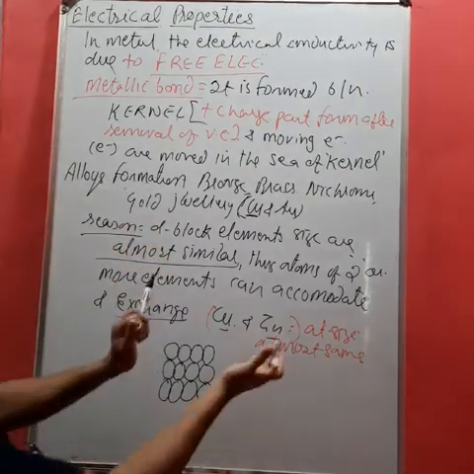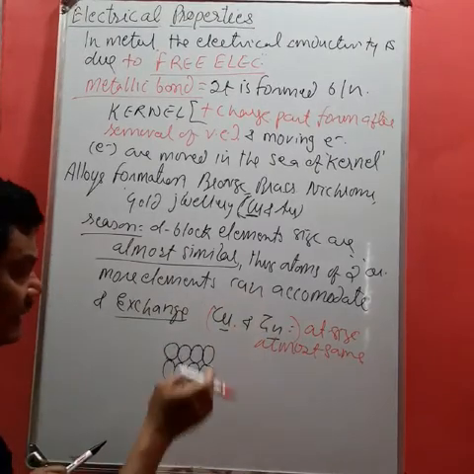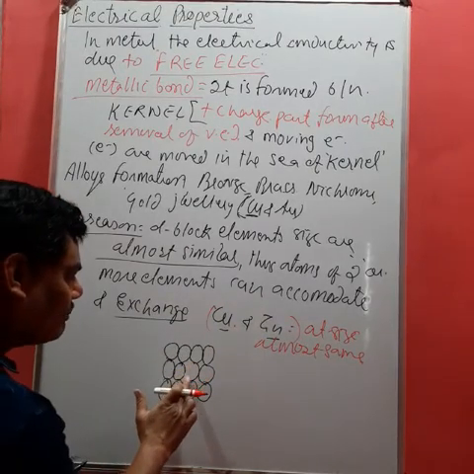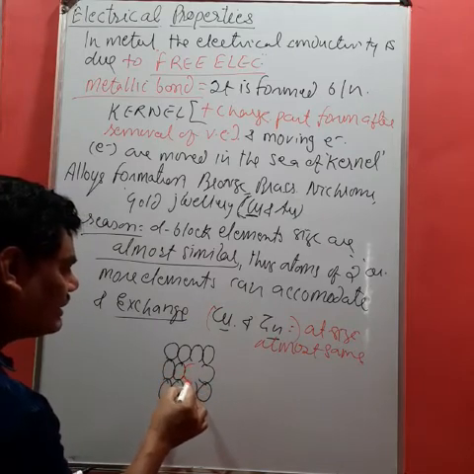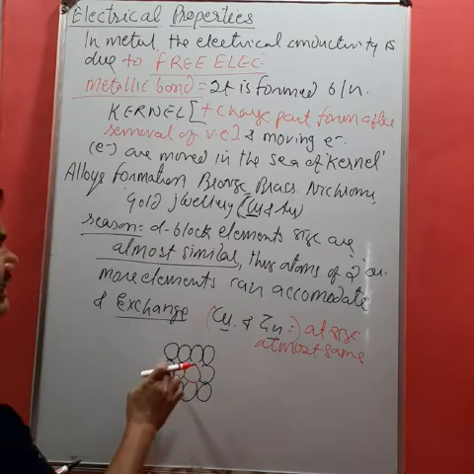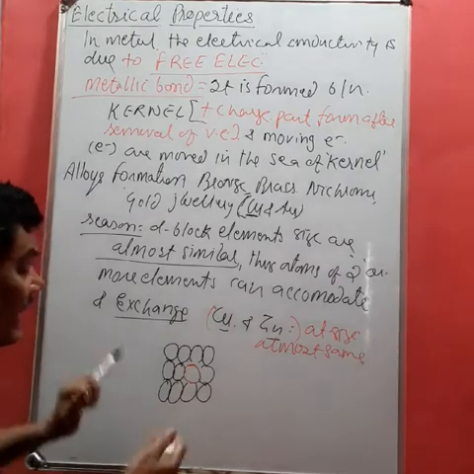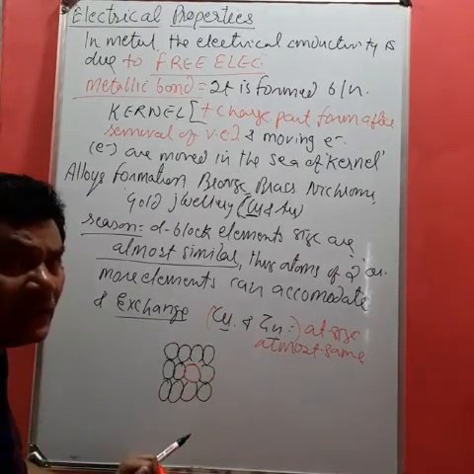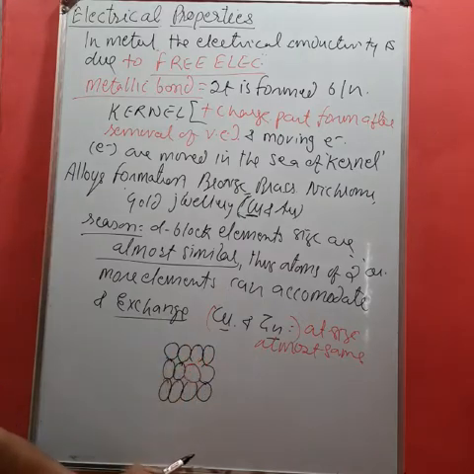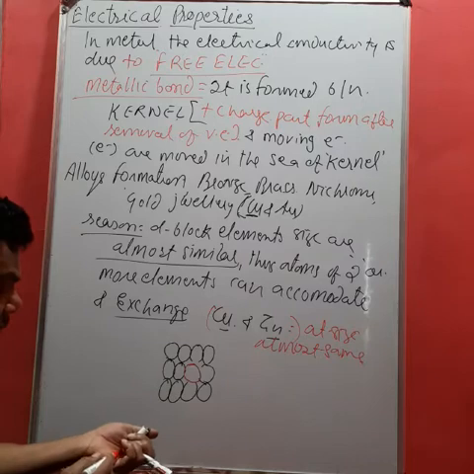So when these two are added, the copper atom can be replaced by a zinc atom, because their sizes are almost the same, and in the crystal they can accommodate very easily, and therefore they can form alloys.